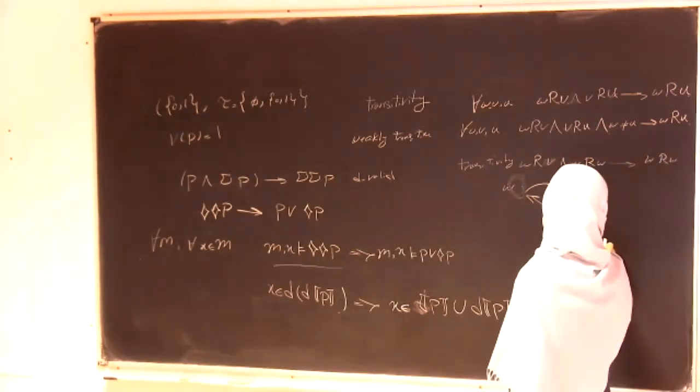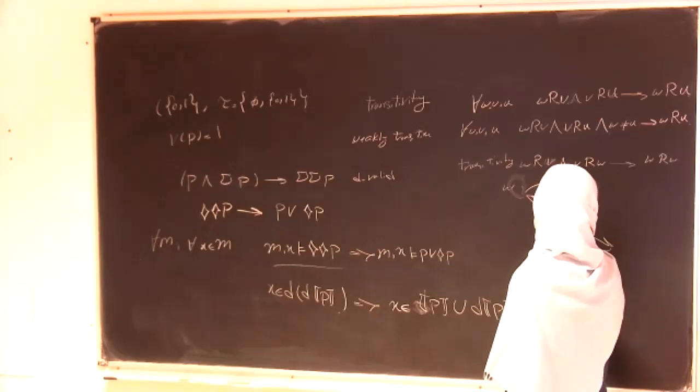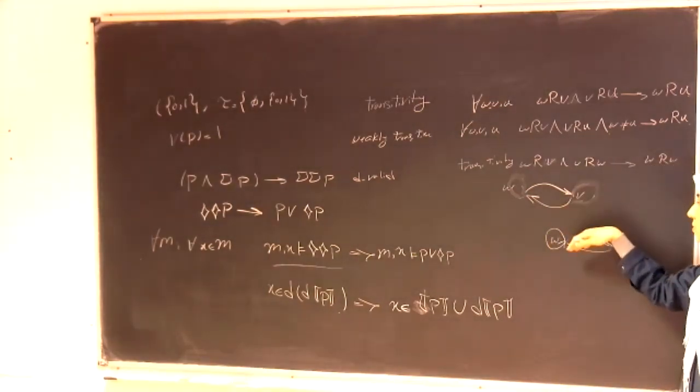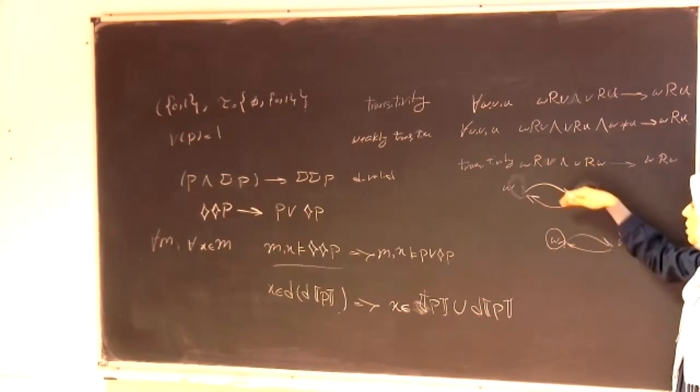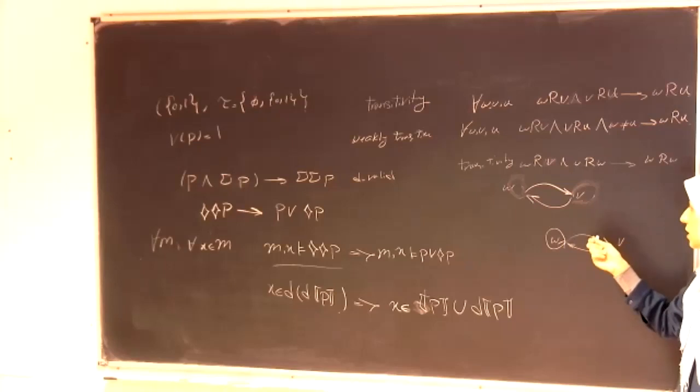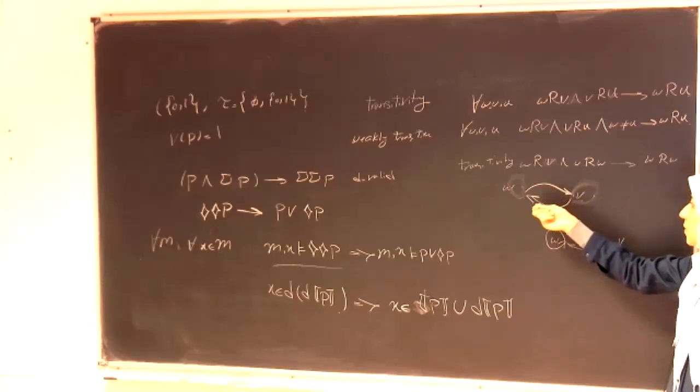I mean that in a weakly transitive frame, I can have both this condition and this condition, and I can't see the difference between those. In all cases, this condition is true. But in transitivity, it's not true.